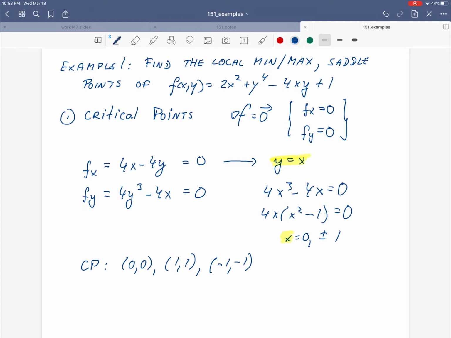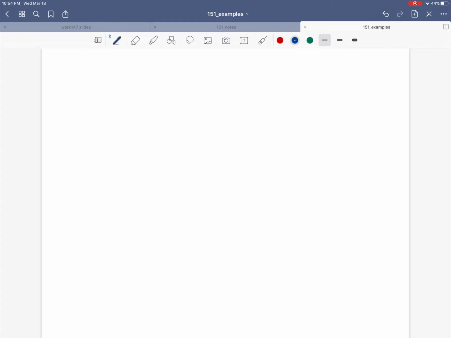Alright, so let us look at the second part, which is the second derivative test. The second derivative test starts with computing the discriminant. The discriminant is defined as the determinant of a 2 by 2 array made out of the second order partial derivatives, arranged the way I'm just writing: fxx, fxy, fyx and fyy.